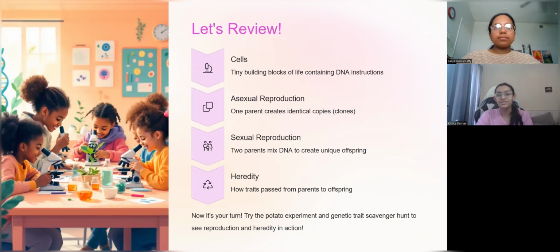Now let's review. We learned about a lot of things today. We learned about cells, which are the tiny building blocks of life containing DNA instructions. Then we learned about asexual reproduction, where one parent creates identical copies or clones. And then we learned about sexual reproduction, where two parents mix DNA to create a unique offspring, like us humans.